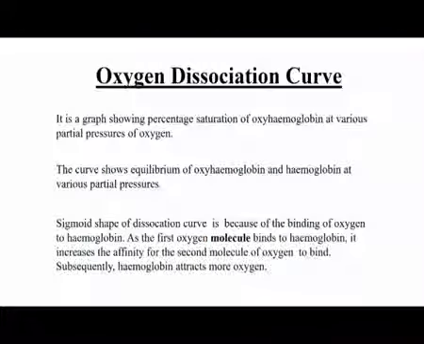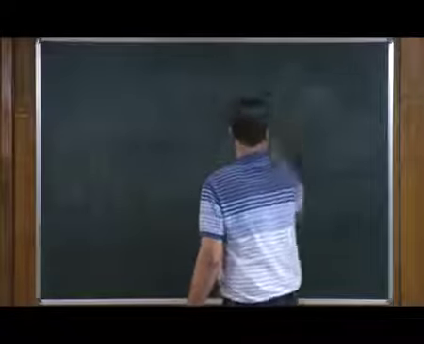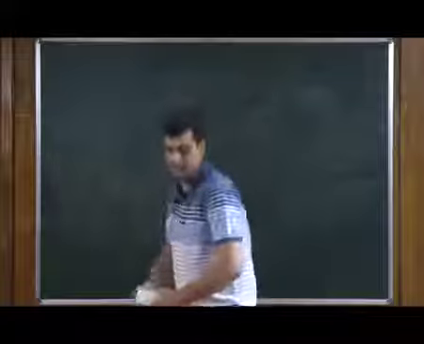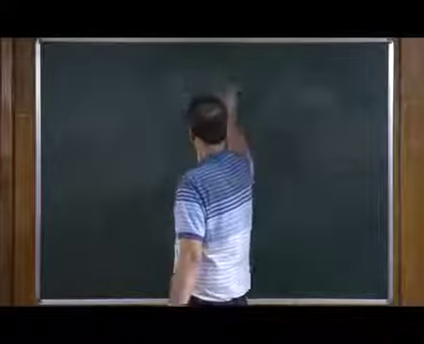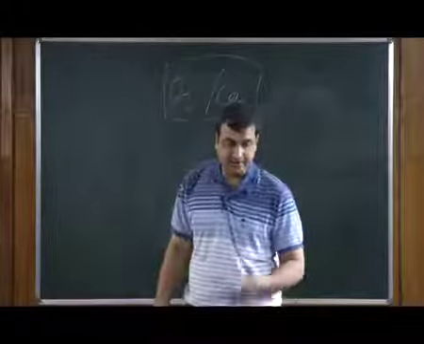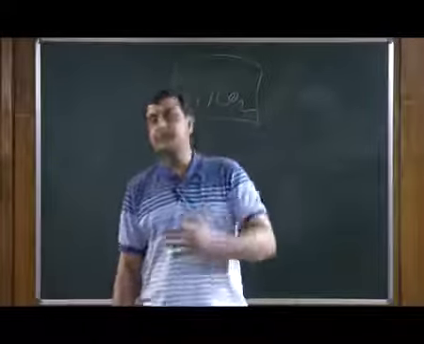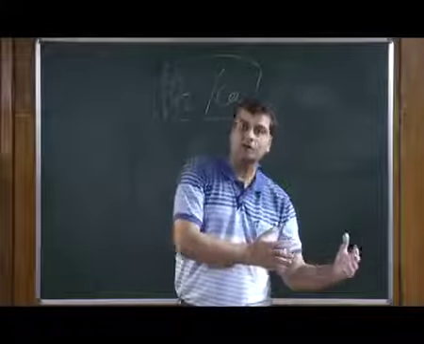Next in the slide, we discuss the transportation of gases, mainly oxygen and carbon dioxide transportation, CO2 and O2. These two gases are transported in the blood, and the blood comprises the cellular part, which is called RBC, the red blood cells, and the liquid, watery part, which we call plasma.